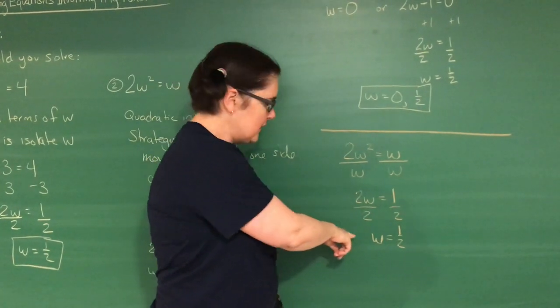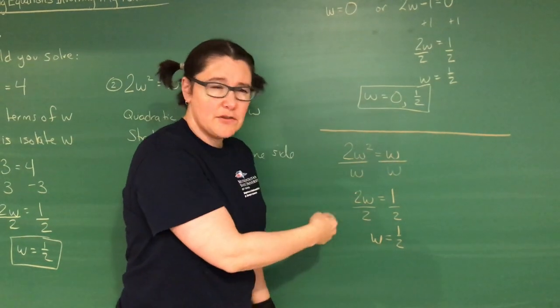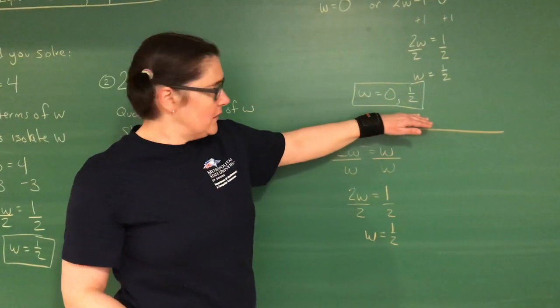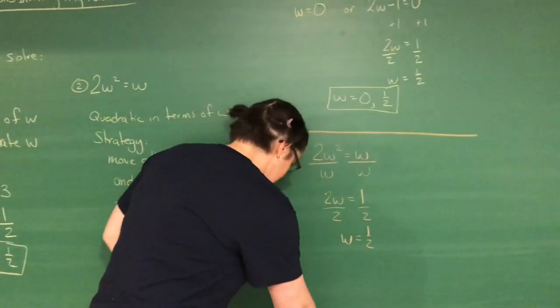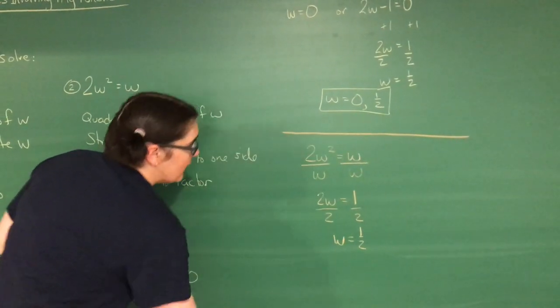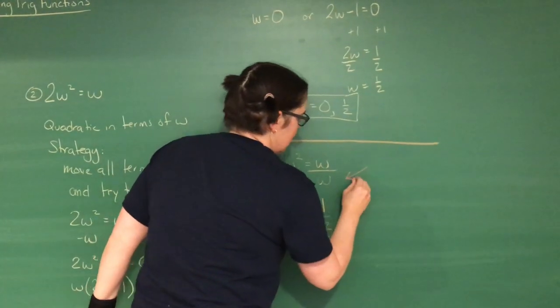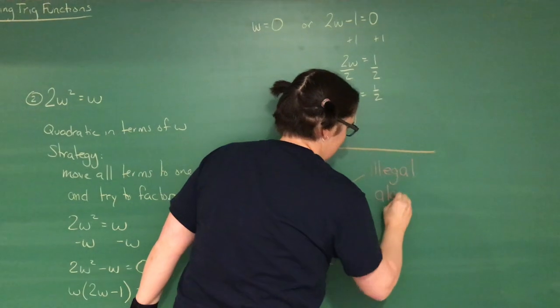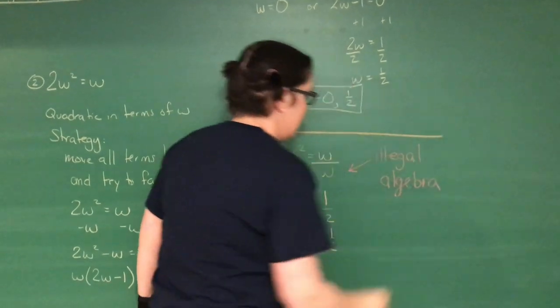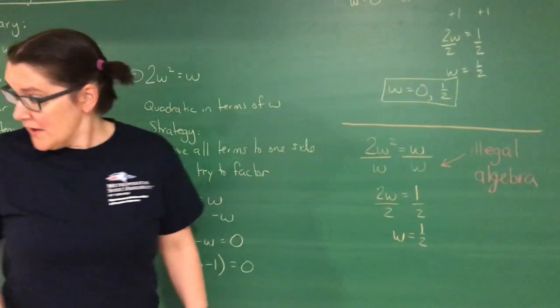Here's an issue, right? Because when we solved it doing the factoring method, we came up with 2 solutions. In this method, we only came up with 1, and here's why. There was one spot in here where we did a baddie. This right here is some illegal algebra.